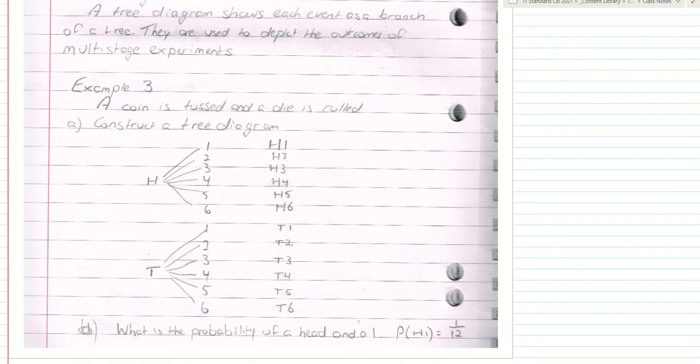Let's have a look at our example 3. So these examples are the examples in your handout, in your booklet. A coin is tossed and a die is rolled. Construct a tree diagram. So first we've got our coin being tossed. I should have lines like that as well.